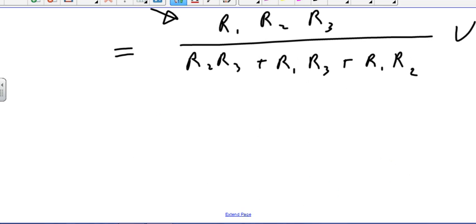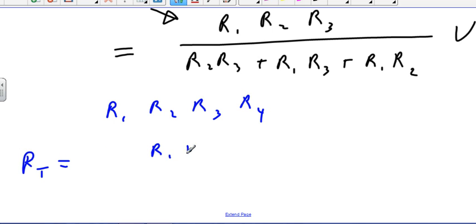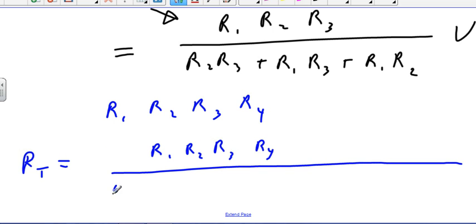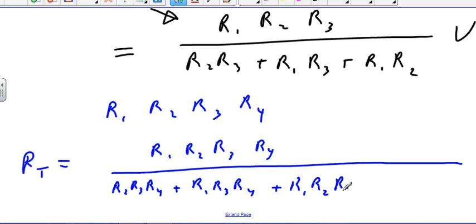I could have 4 resistors, R1, R2, R3, R4 in parallel, and the parallel resistance would be R1, R2, R3, R4 divided by R2, R3, R4 plus R1, R3, R4 plus R1, R2, R4 plus R1, R2, R3, and I have the same thing all over again.